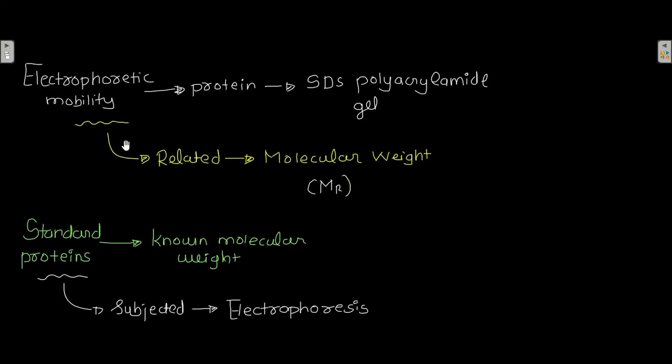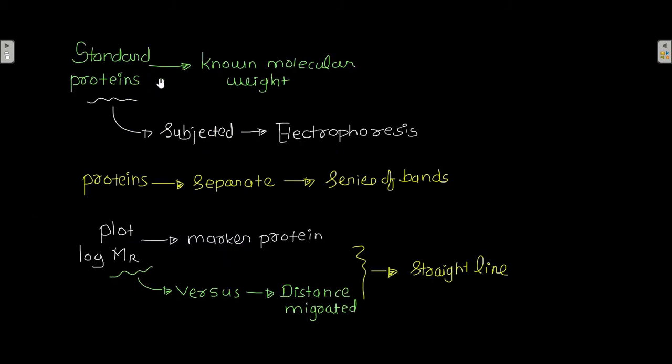So the electrophoretic mobility of the protein in the SDS polyacrylamide gel is related to its molecular weight, Mr. Okay, the electrophoretic mobility is related to the molecular weight. Standard proteins with known molecular weight are subjected to electrophoresis, and these proteins are separated into a series of bands.